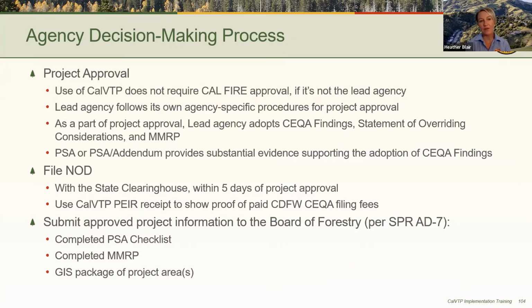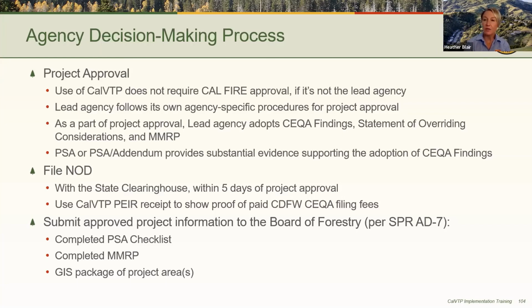So next we're going to go over the agency decision-making process. And CEQA Guidelines Section 15092 addresses CEQA's requirements for project approval. It states that after considering the final EIR and in conjunction with making the findings under Section 15091, which we just described, the lead agency may decide whether and how to approve or carry out the project.